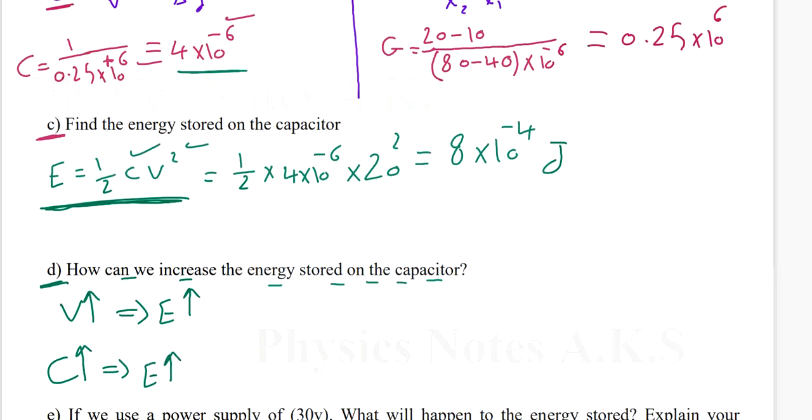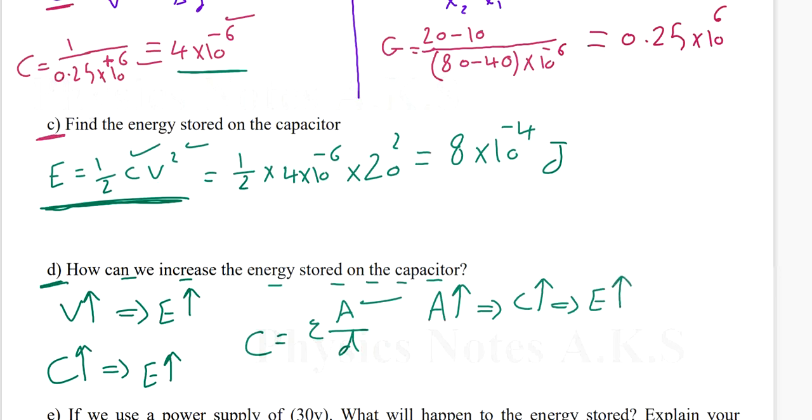Here in the capacitance, I can talk in more detail. As we know, capacitance equals epsilon A over D. So when we increase the surface area of the plates, this will increase the capacitance, which means the energy will increase.